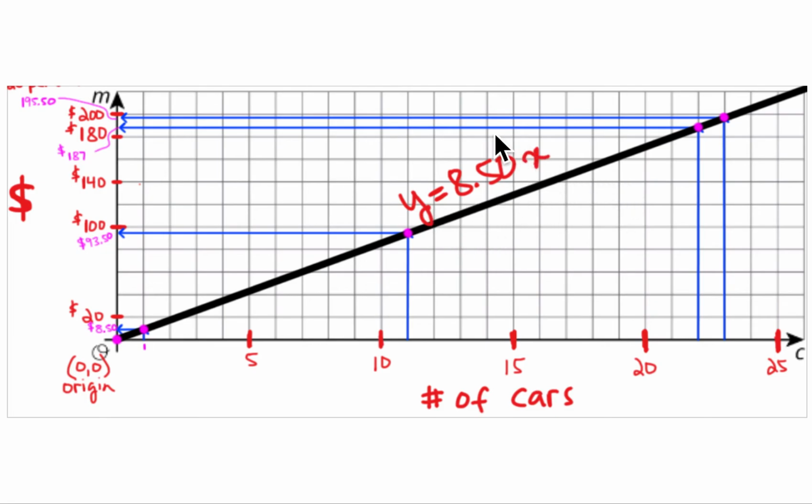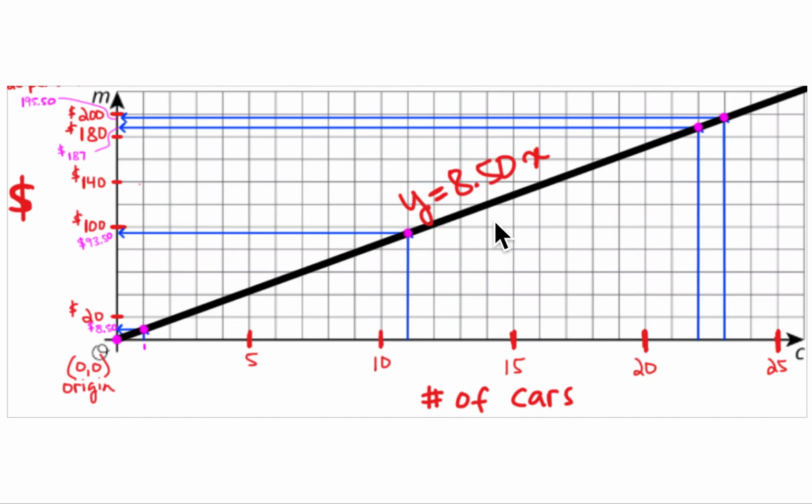So this is the equation for that graph. So y is equal to, and this is the constant of proportionality. It's also the slope. It is also the unit rate. So all of those things get folded up into one number. So the amount of money you make is $8.50 times the number of cars that you wash.